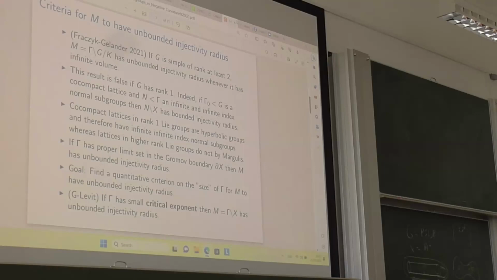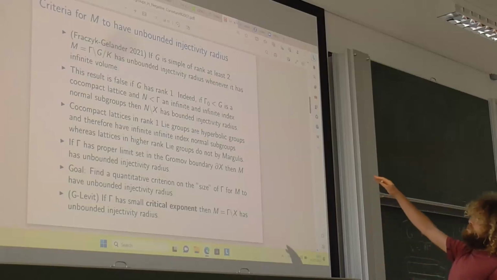So this is a very nice result, published recently. It's false if G is a rank 1 Lie group, for example PSL2(R). Why is it false? You can do this as an exercise.